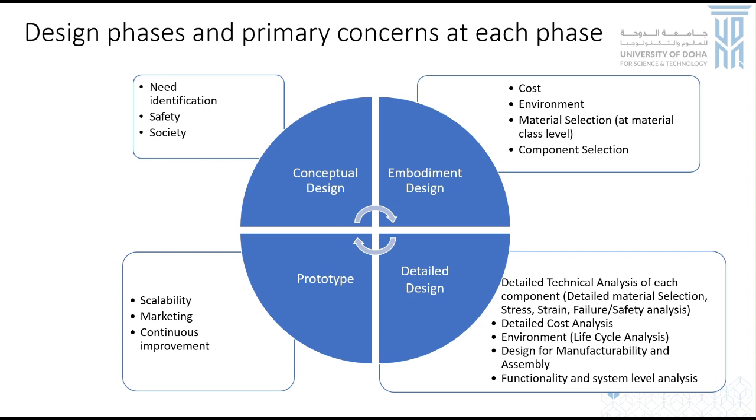So in this course, I will emphasize more the embodiment level material selection, and therefore there will always be an element of openness in terms of our choices. Maybe after the end of the selection process, you will still end up with more than 5 or 10 different options. Why? Because you still have a lot of flexibility in your design, right? So that's what we will do, and then we can take it to the detail level.